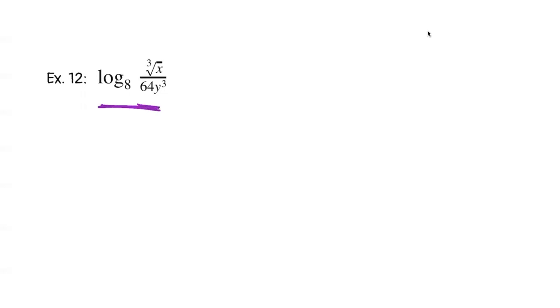And so when we're expanding, we want to look for products and quotients first. And so if we did that, log base 8 of the cube root of x, what would I write after that?